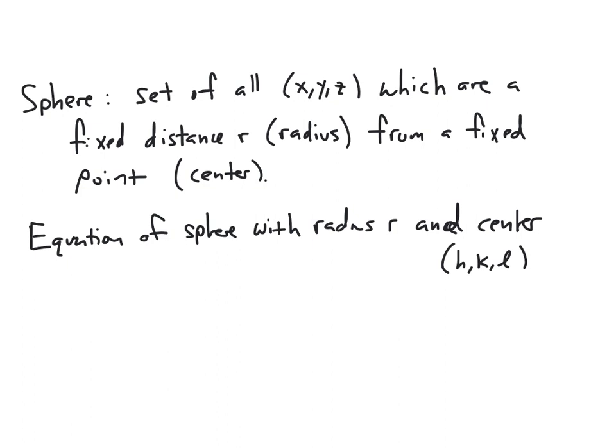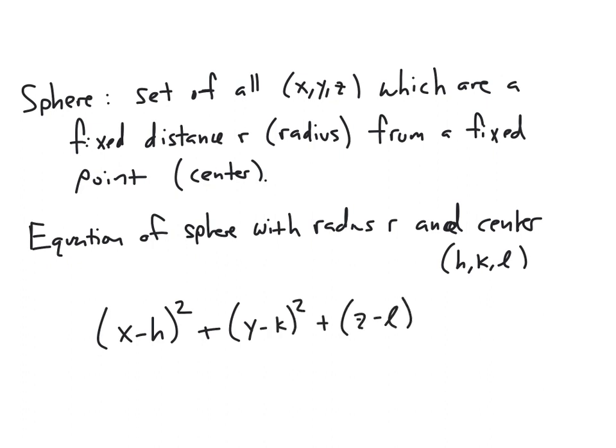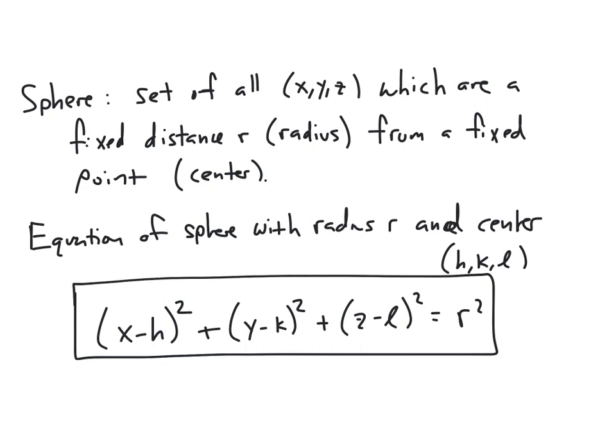This equation is going to be (x minus h) squared plus (y minus k) squared plus (z minus l) squared equals r squared. Right, so this is my equation of a sphere with these properties. And this makes intuitive sense once we look at it.